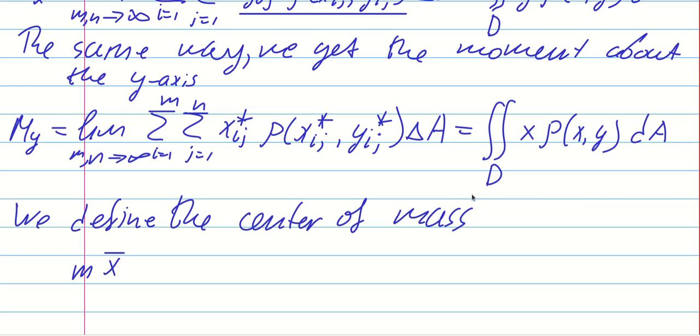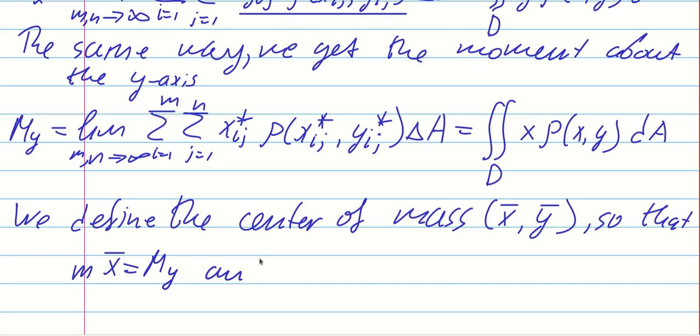Let's say the center of mass would be at the point x bar, y bar, so that m times x bar is equal to M sub y, and m times y bar is equal to M sub x.